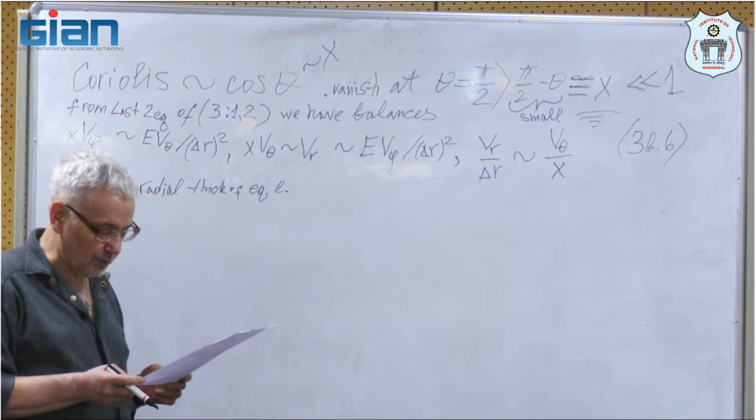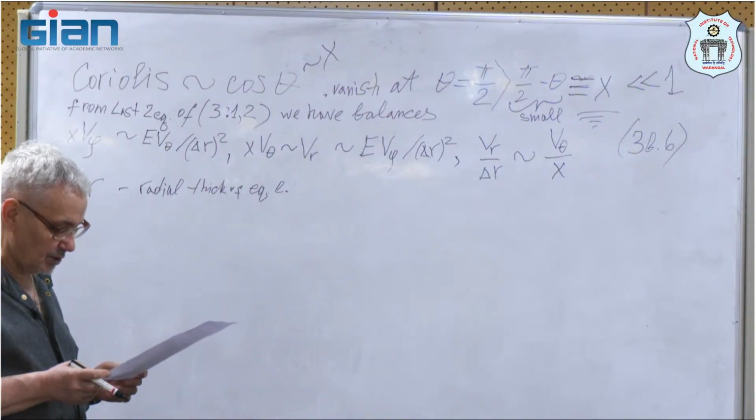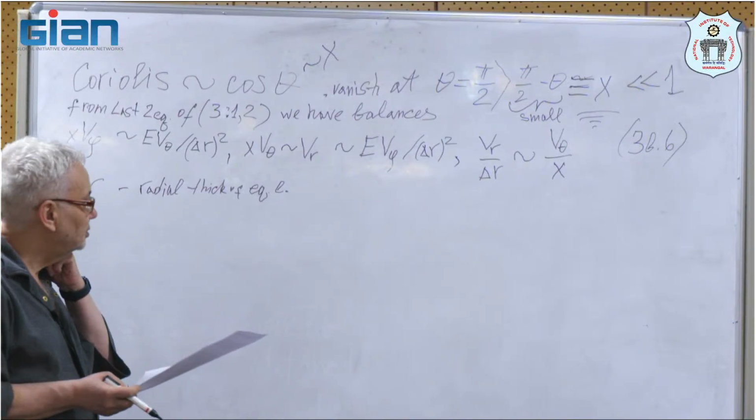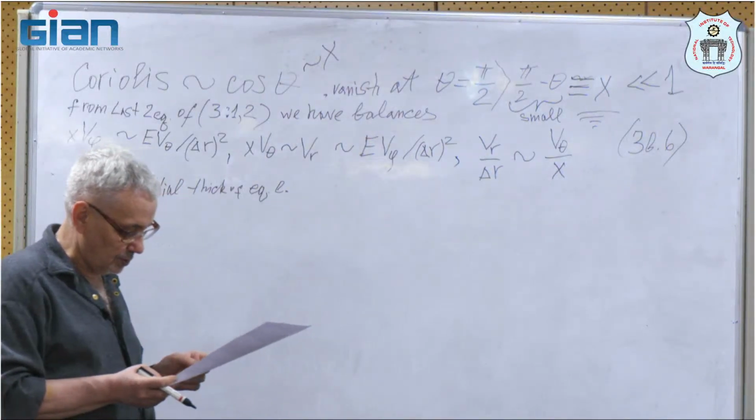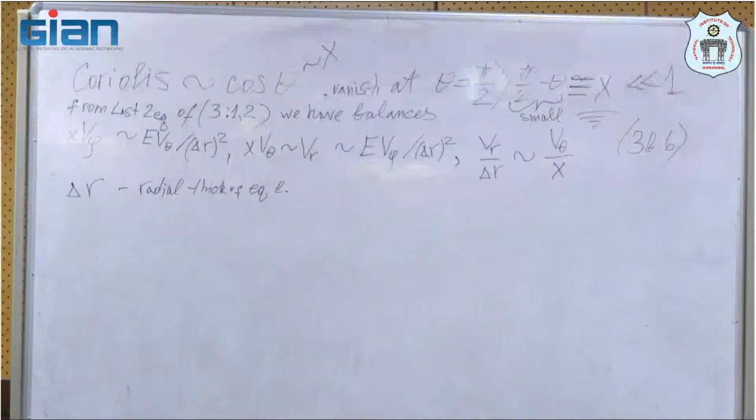When the Coriolis force vanishes at the equator in the left-hand side of the azimuthal equation 3.1, the radial velocity component remains for the balance. Actually, this is the balance of the third one. And then we again play the same game.